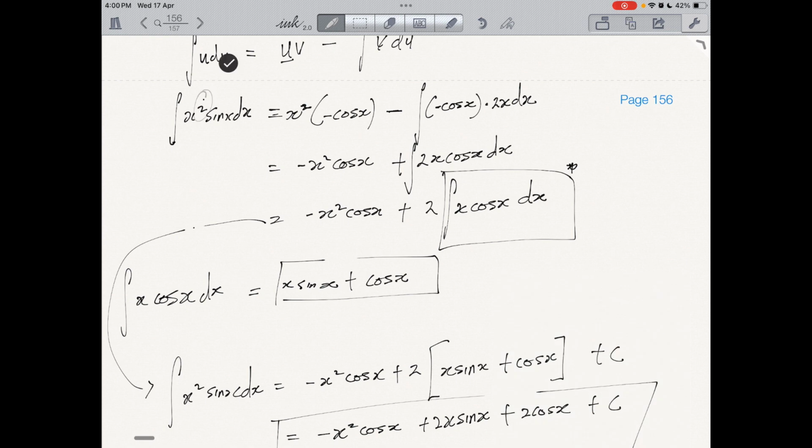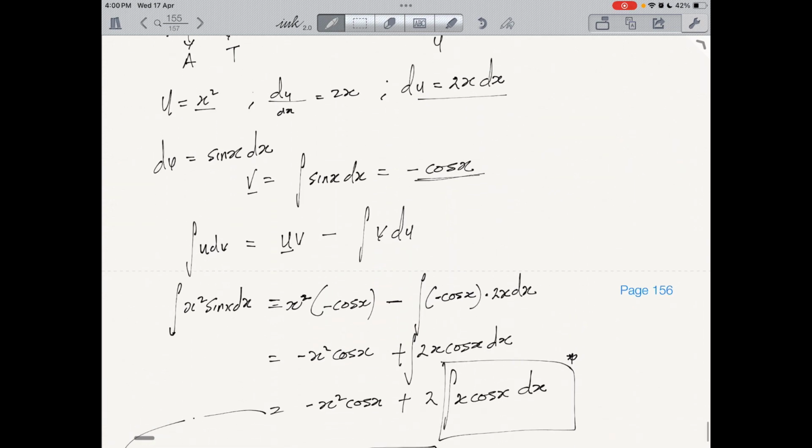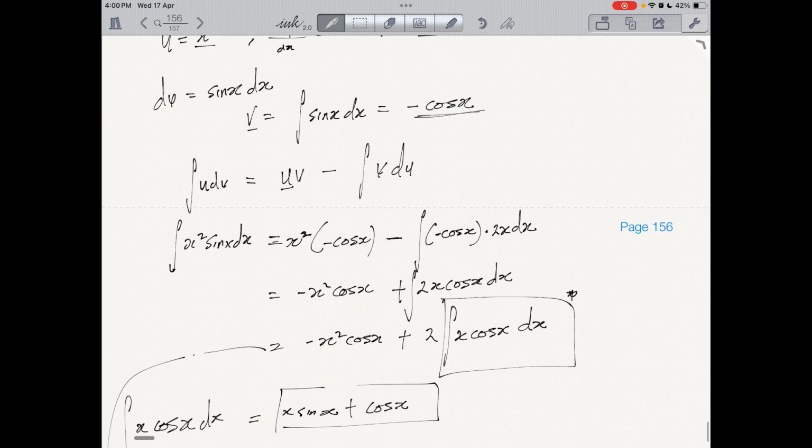So we have x squared, and the integration by parts was applied 2 times. It was applied initially, and it was applied here again. So in our next video, we'll be taking more examples on integration by parts.